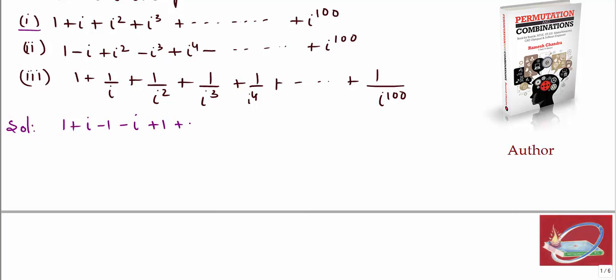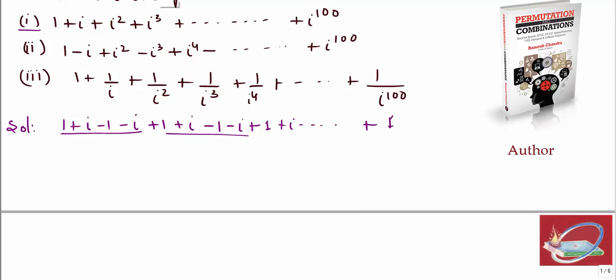Then again we will have I, minus 1, minus I, and again the sequence will go like this. We can make pairs of 4 like this, and there will be a number at the end, and so on, plus I to the power 100 is 1.